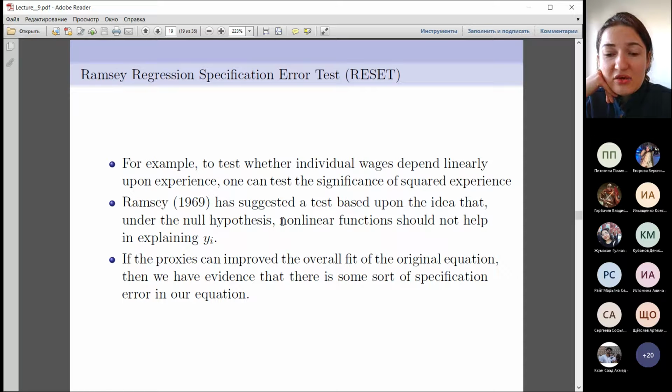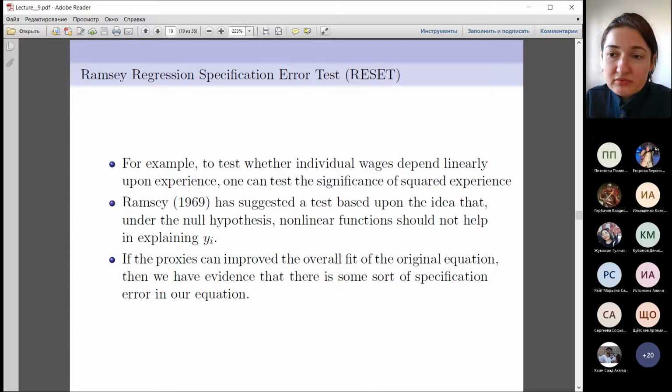For such situations, Ramsey suggested a test based upon the idea that under the null hypothesis, non-linear functions should not help in explaining your dependent variable.